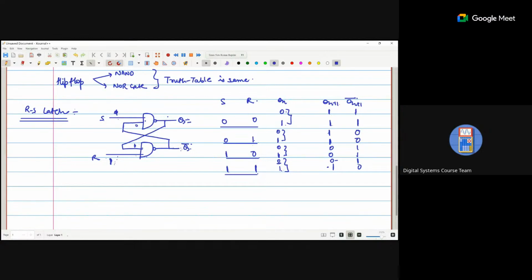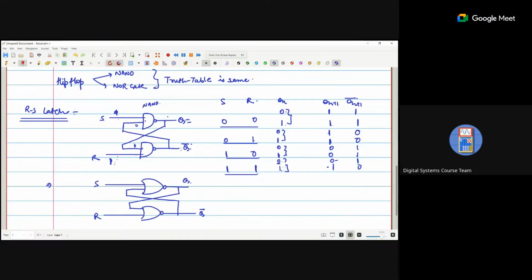Clear? Now, if I replace this NAND gate with the NOR gate, we are not mentioning the Q and Q bar.